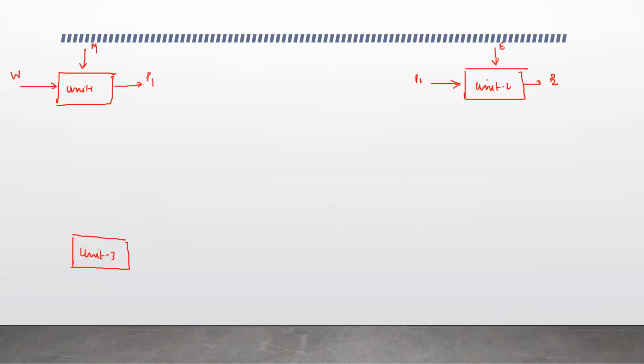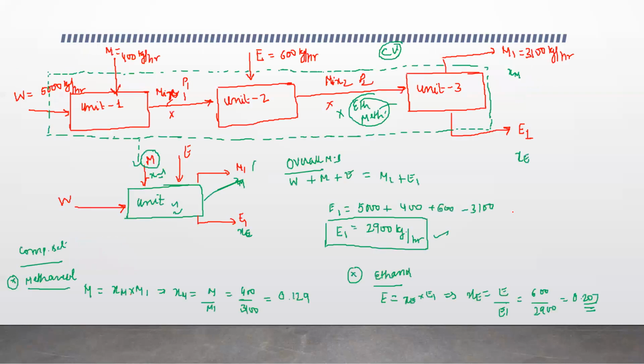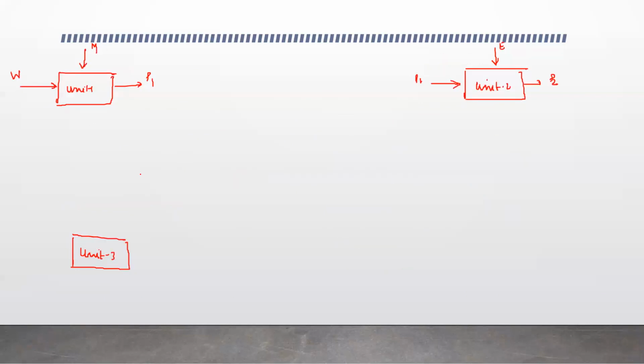Finally, I'm going to make a block diagram for unit number 3, where P2 is coming in, and M1 and E1 are going out.